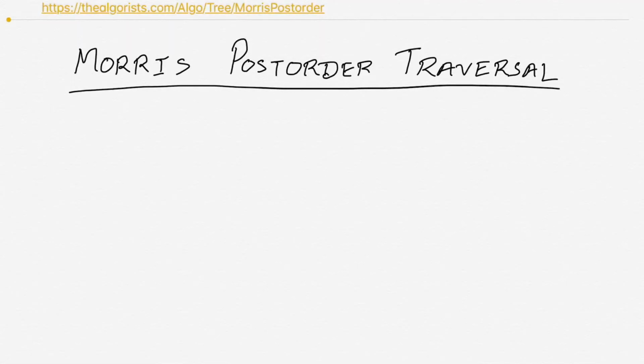As I have already discussed in two other videos, when we discussed Morris in-order and Morris pre-order traversal, the main motivation behind the Morris traversals is to optimize the space complexity. When we do a binary tree traversal using recursion or an iterative way, it is an order of n space algorithm.